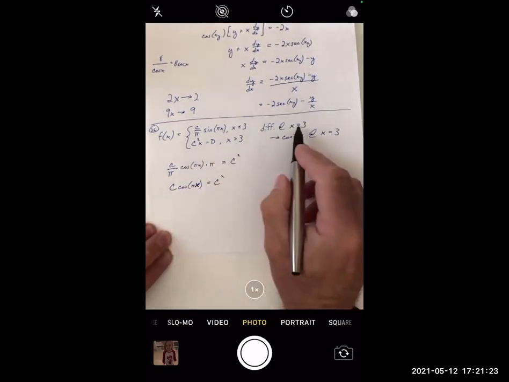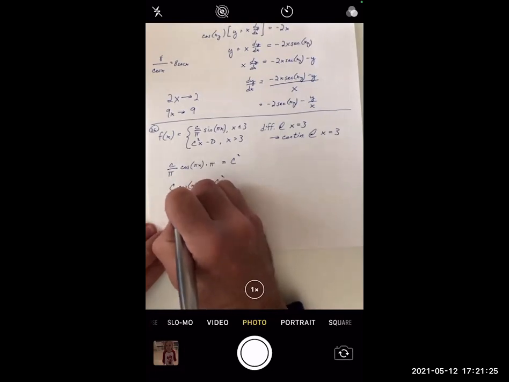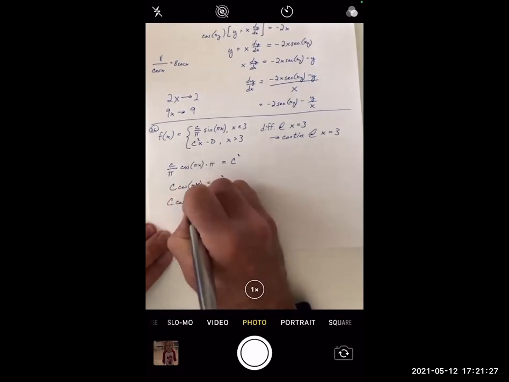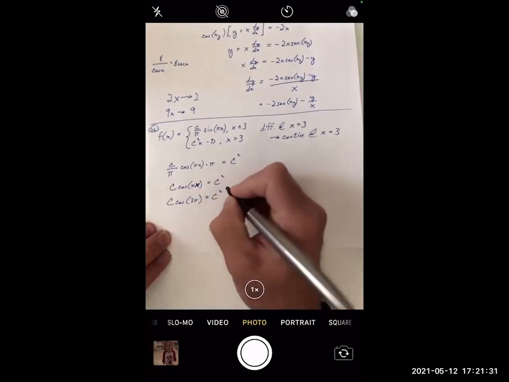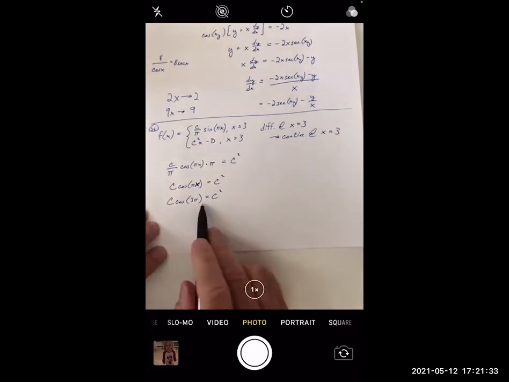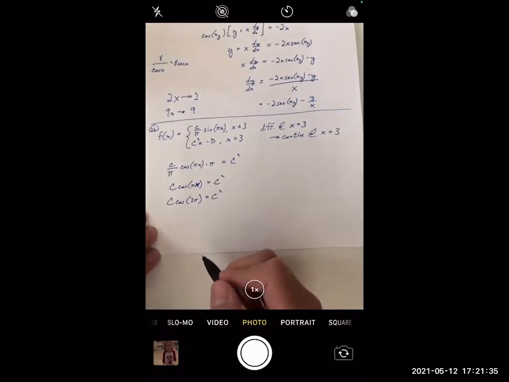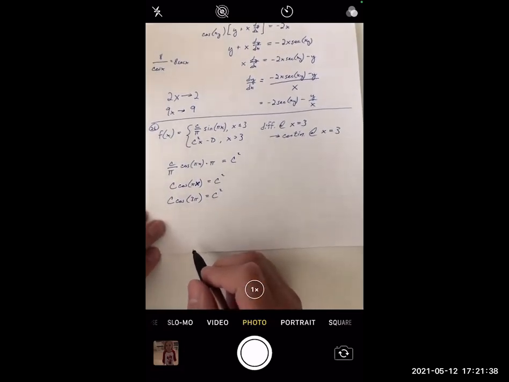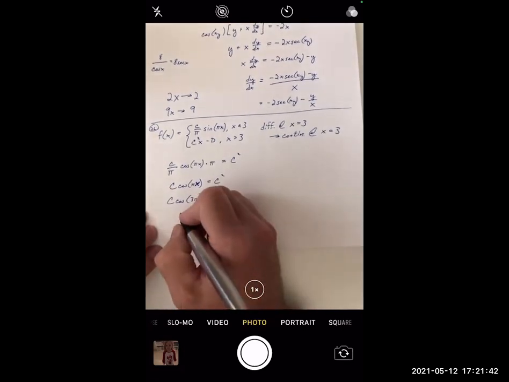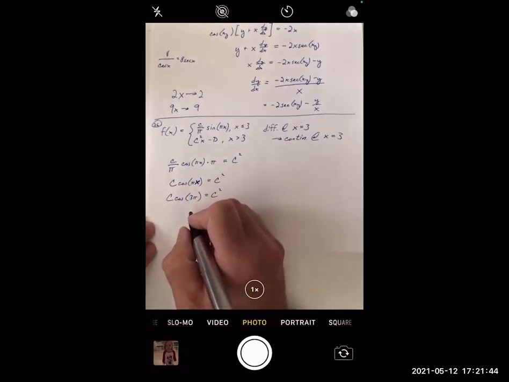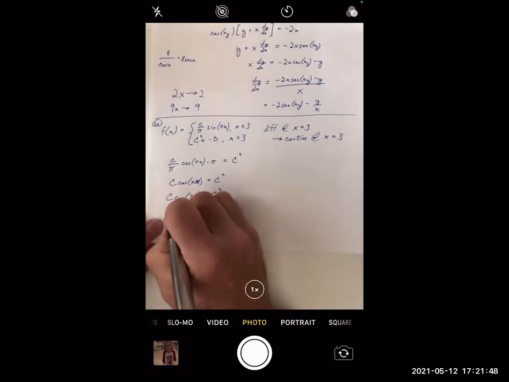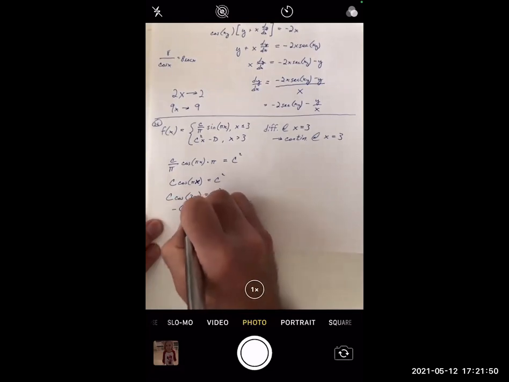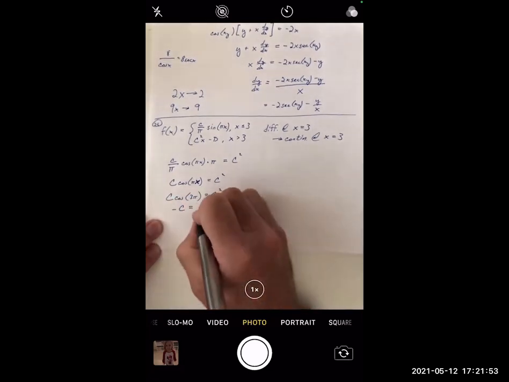So now you can plug the 3 in for the x. And then what's cosine of 3 pi? -1. So the left side is just negative c.